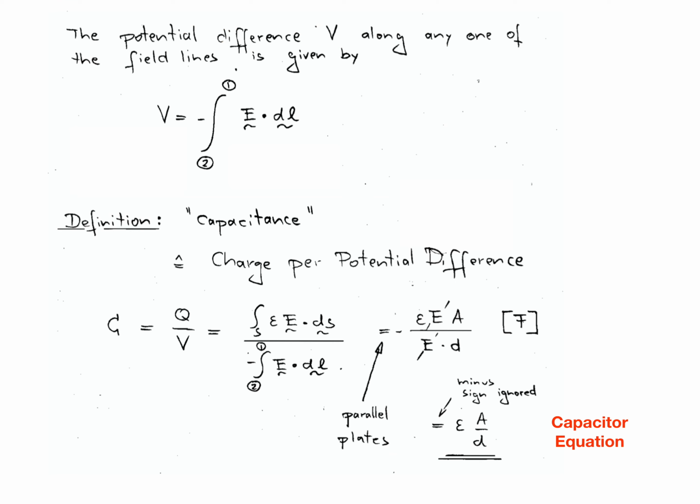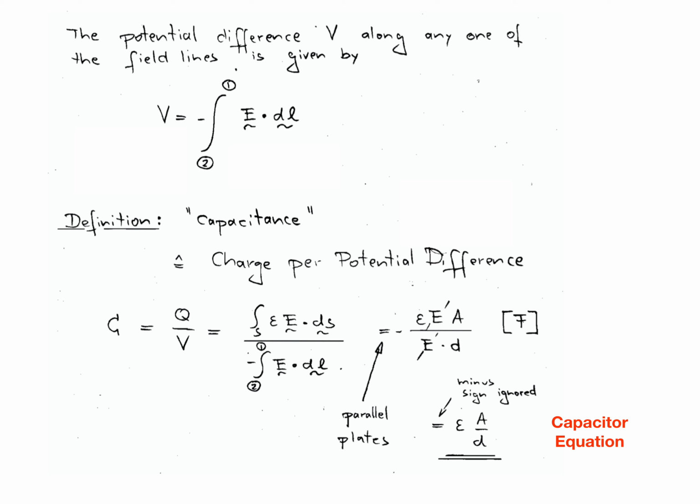The potential difference V along any one of the field lines between conductor 1 and conductor 2 is given by V equals minus the path integral from 2 to 1 E times dl. Defining the capacitance of the capacitor as usual as the ratio of charge carried by the potential between the plates, we can derive an equation that determines the capacity as the function of the geometric parameters.